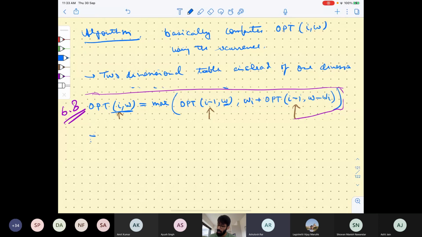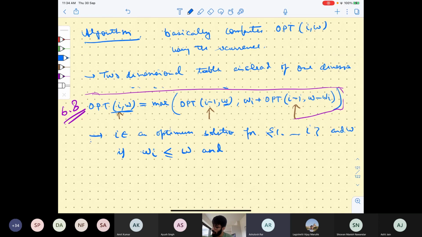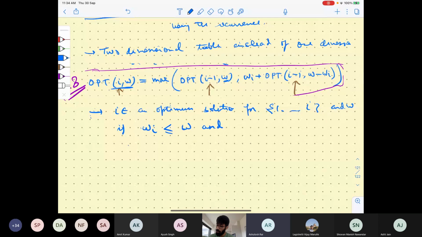And from this we can also determine that i belongs to the optimum solution for 1 to i if the weight of i is less than or equal to W, and the second quantity is greater than or equal to the first quantity.